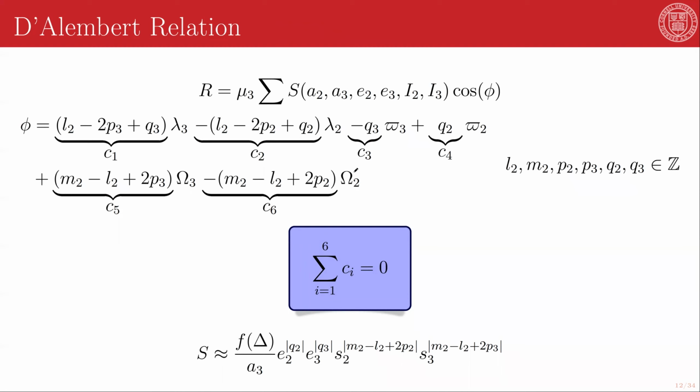This is the argument that is multiplying omega 2. And finally, times sine of 1/2 of the inclination of body 3 to the absolute value of the argument that is multiplying capital omega 3.